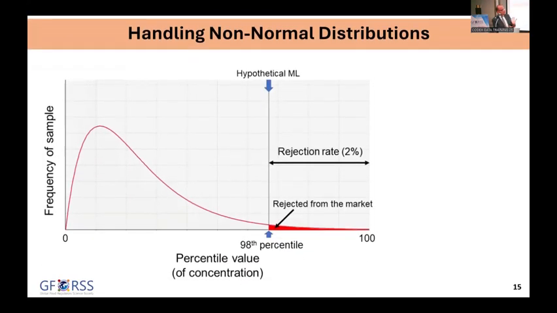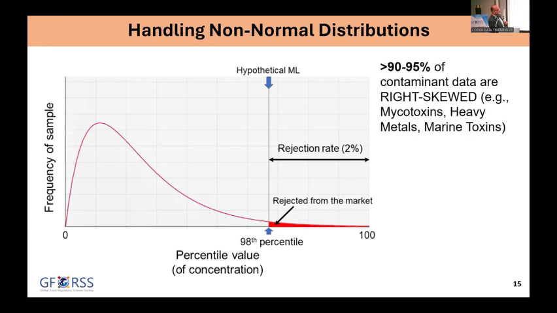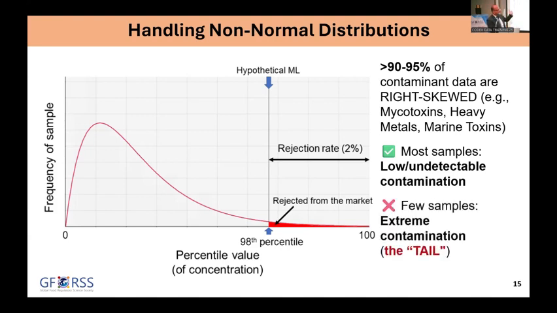So if we take this graph, which is, as we said, a positively skewed graph, this is the tail where 90 to 95% of contamination data is, the high level for contaminants. Most of the samples, the majority, are low or undetectable in contamination, and a few have extreme contamination.